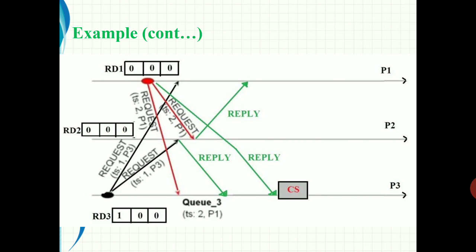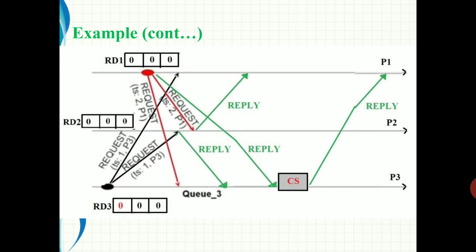Then after executing the critical section, the process P3 will reset its corresponding value in the request deferred array to 0. That is, it is going to send the reply message to P1.